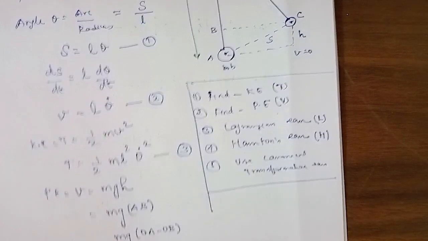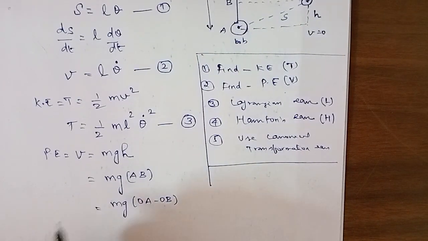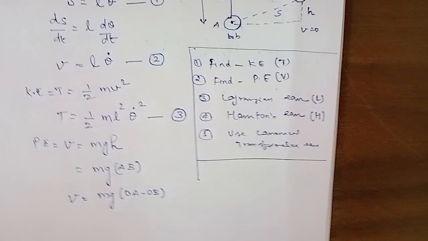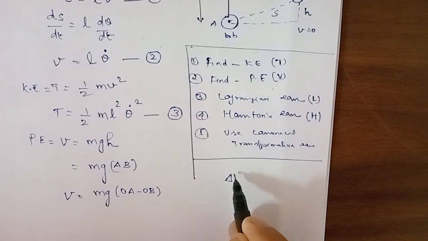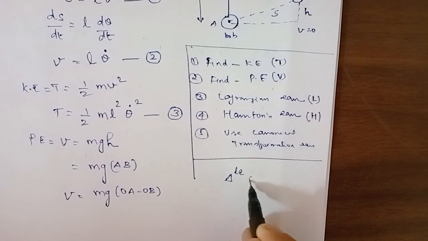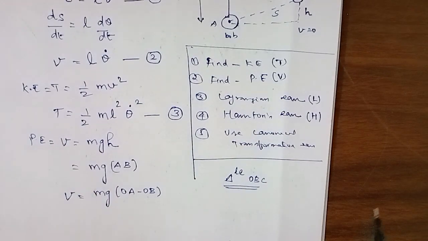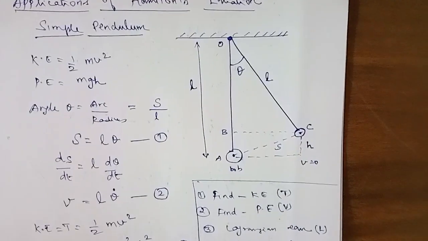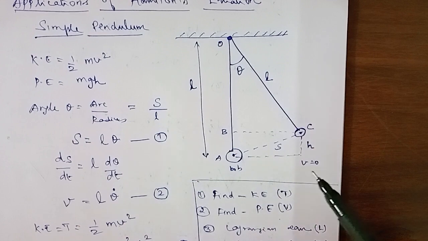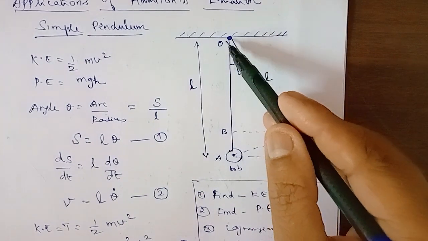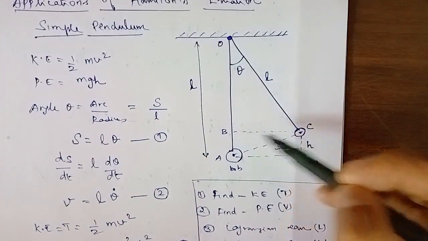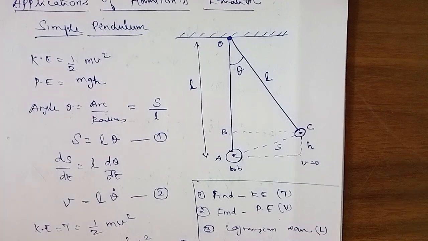That is the V. Now to find out this value OA and OB, take the triangle OBC. You see this diagram OBC here.